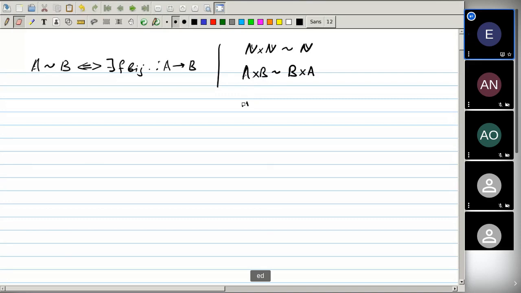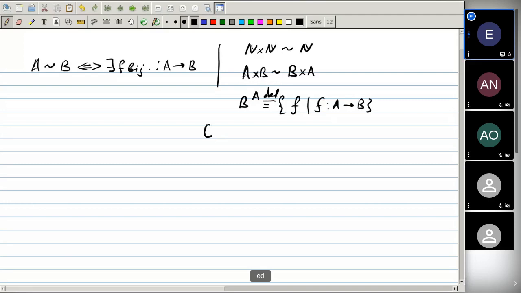For example, our symbol B to the power A. By the way, what is B to the power A by definition? Let's recall this definition. It is the set of all functions from A to B, and this symbol is indeed similar to exponentiation.